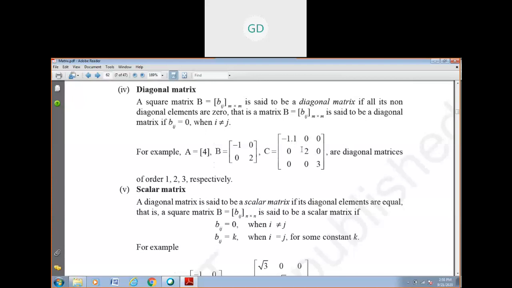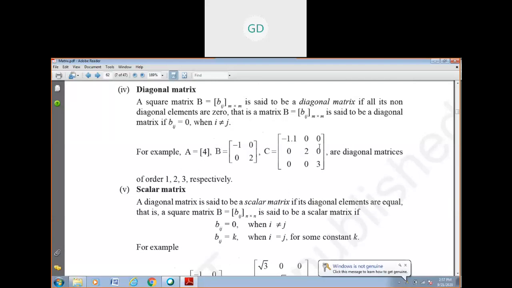And other than this direction, whatever elements are there are called non-diagonal elements. These non-diagonal elements are at this position, this position, this position, again this position, and another position. So there are these 3 and again these 3, 6. So there are a total of 6 non-diagonal elements here, and all the non-diagonal elements are 0.